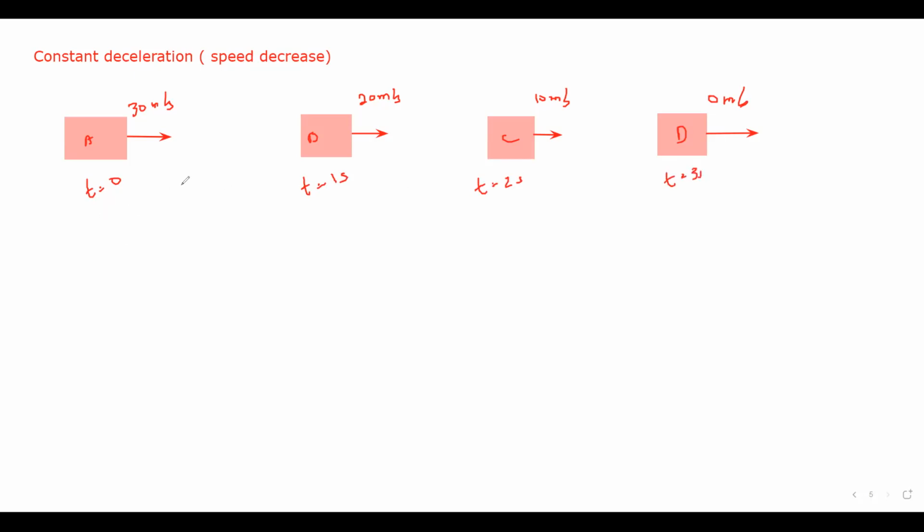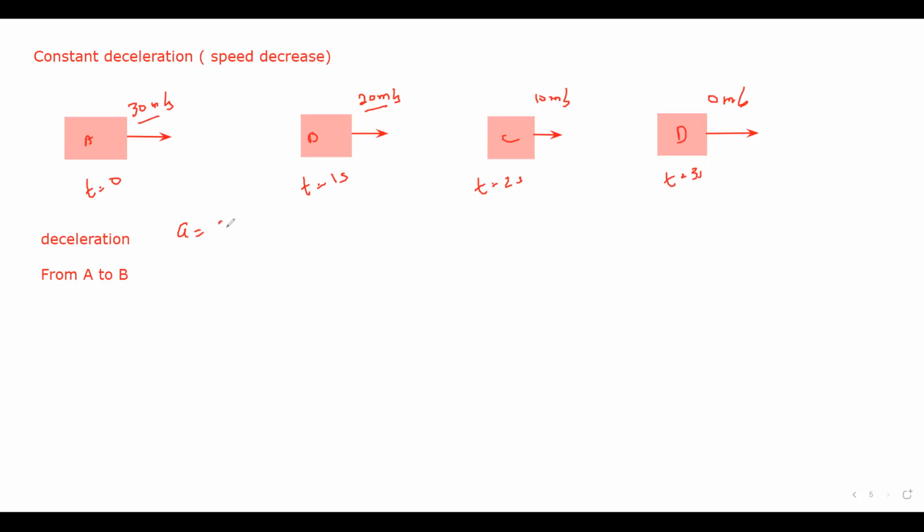When we calculate the deceleration, because when speed is decreasing we call it deceleration, it is equal to the change in velocity divided by the time interval. From A to B, the change in the velocity: at B the velocity is 20 and at A it's 30.